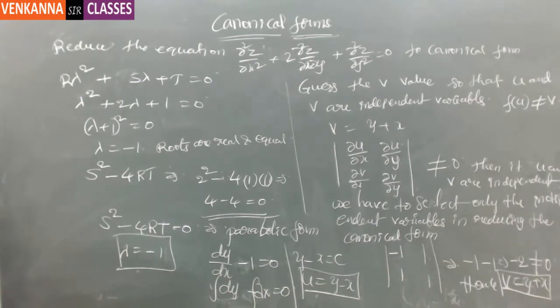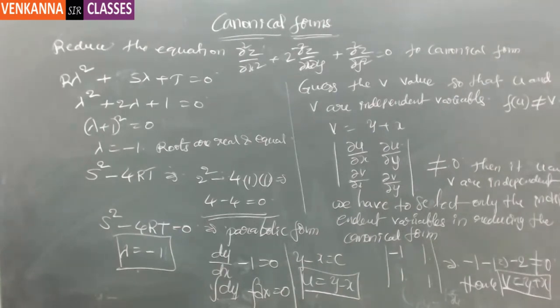So based on the selected values of U and V, can you bring this into the canonical format? Make it fast and give me the final answer.